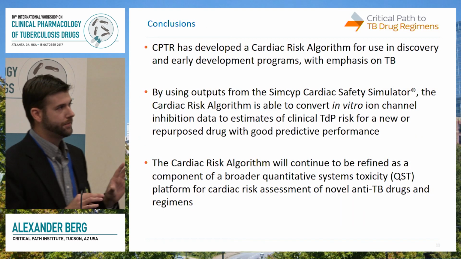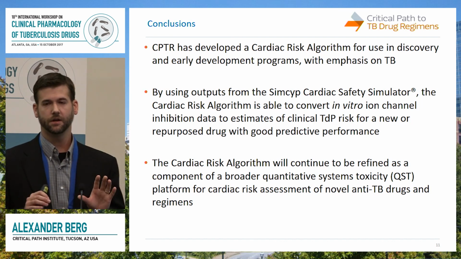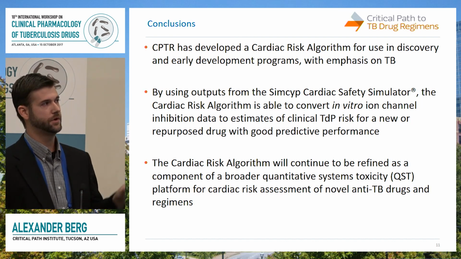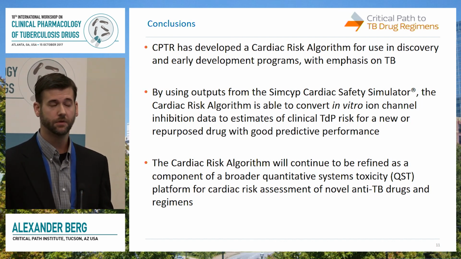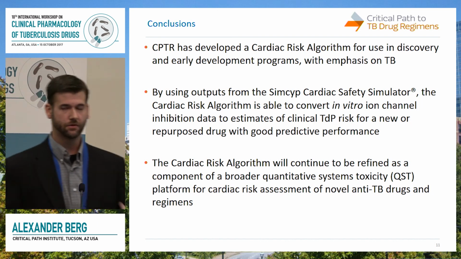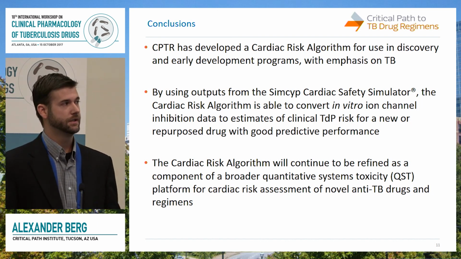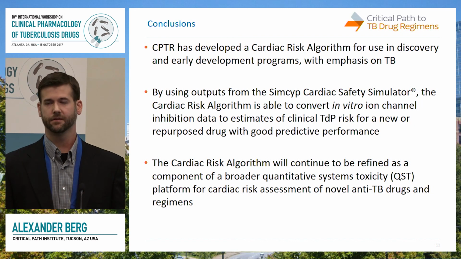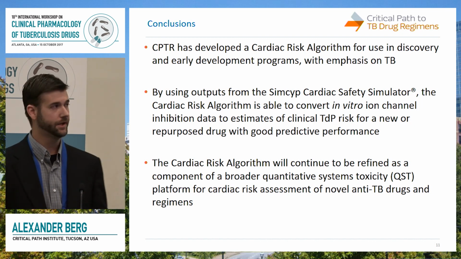So just to sum up, CPTR through the Modeling Simulation Working Group has developed a cardiac risk stratification algorithm. This is intended for use in early development and is intended to help predict the likelihood of a drug being torsades positive when used in the clinic.